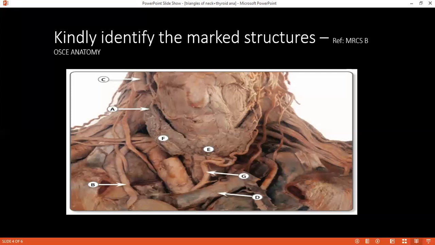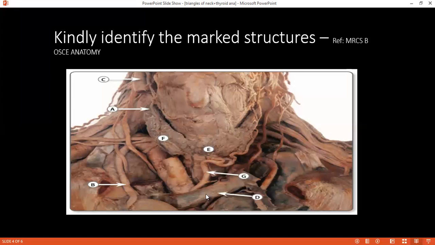The venous drainage is from the inferior thyroid vein, which joins the brachiocephalic vein, and the middle thyroid vein and superior thyroid vein, which drain into the internal jugular vein. The lymphatic drainage of the thyroid gland goes along the blood supply to the deep cervical group of nodes principally.